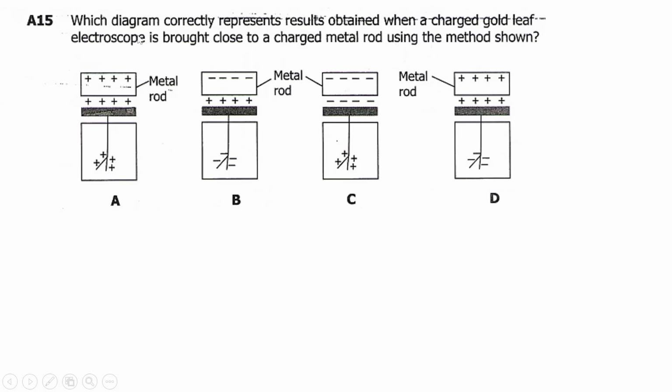We are told which diagram correctly represents results obtained when a charged gold leaf electroscope is brought close to, again, another one, a charged metal rod using the method shown. So here we have two things, charged gold leaf and also charged metal rod.